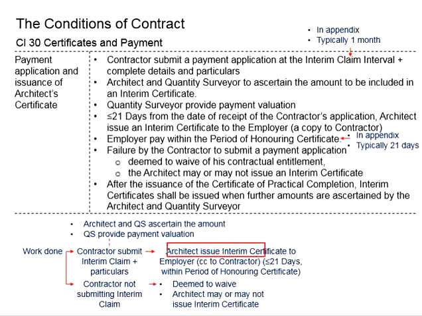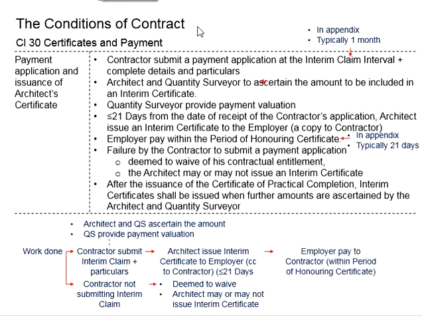Now, within 21 days, the architect will need to issue the interim certificate to the employer, with a copy to the contractor, and then the employer will need to pay the contractor within the period for honoring certificates, which is typically 21 days. In the case that the contractor does not submit the interim claim, it is deemed that the contractor waives his contractual entitlement.